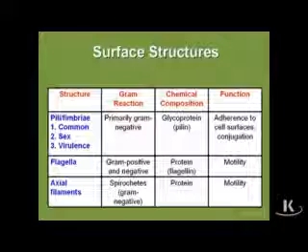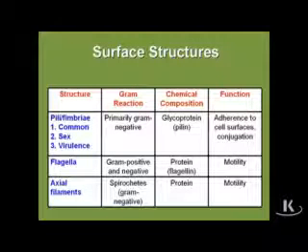Now, axial filaments are specific for spirochetes. The way you want to think about axial filaments is to think about a spiral-shaped organism, a little corkscrew-like organism. The axial filaments help that corkscrew-like bacterium actually move and have that corkscrew-like motion.